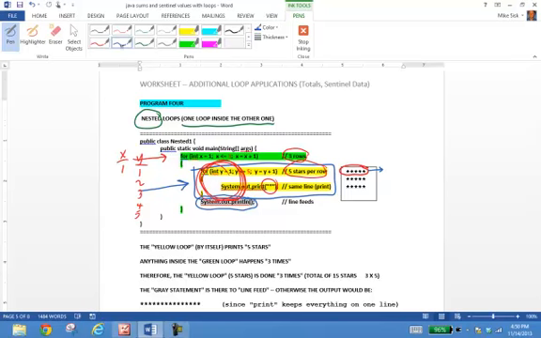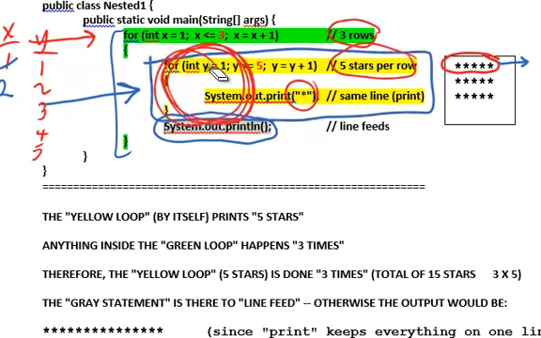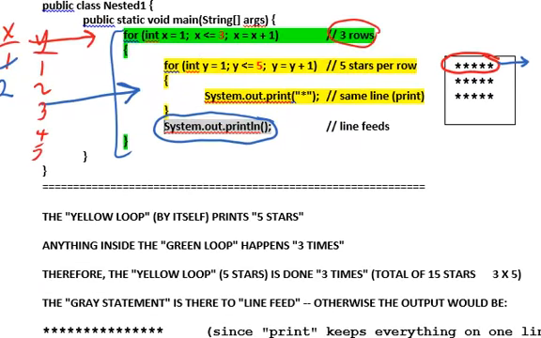So what happens next, the value of x now becomes 2. And while x is 2, the Y loop starts completely over again with 1, 2, 3, 4, 5. So think of it as the second row, and this time this row prints out.